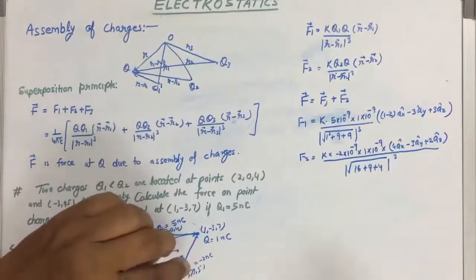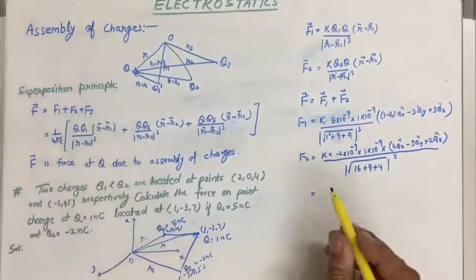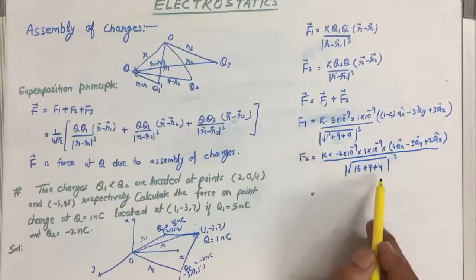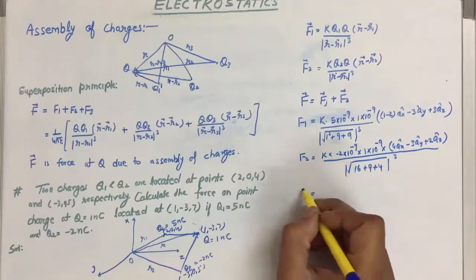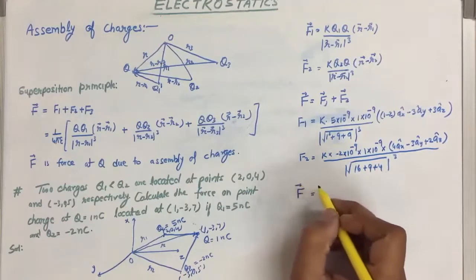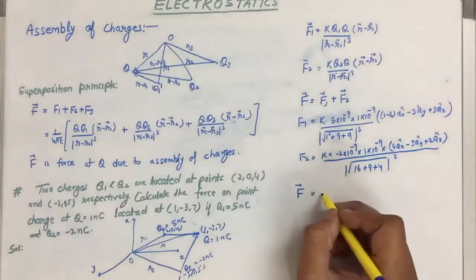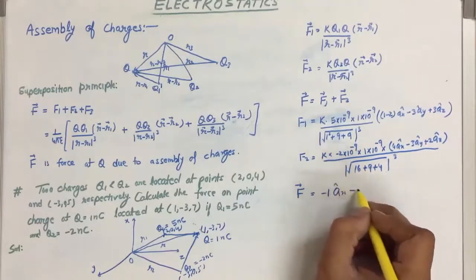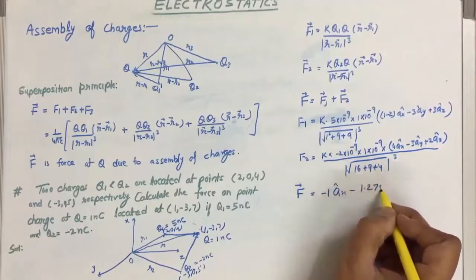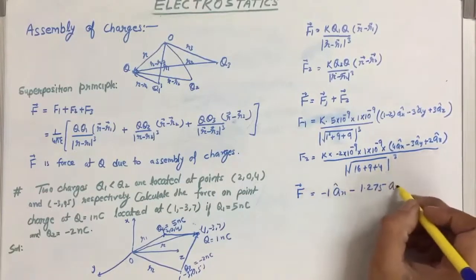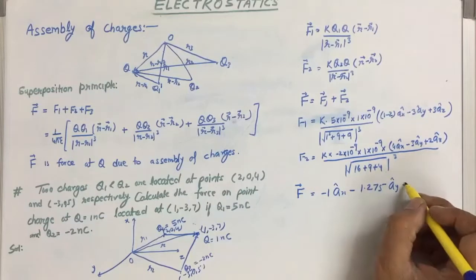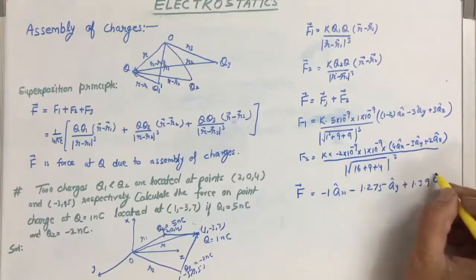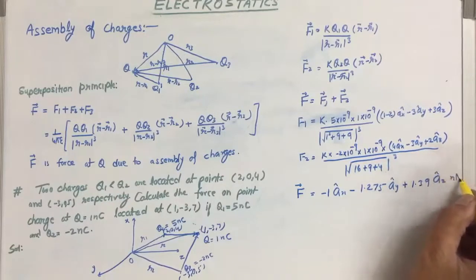Okay, so when we will solve and add these two forces, the final force, I am just writing the final answer, will be minus 1 in the direction of X, minus 1.275 in the direction of Y, and 1.39 in the direction of Z nano-Newton.